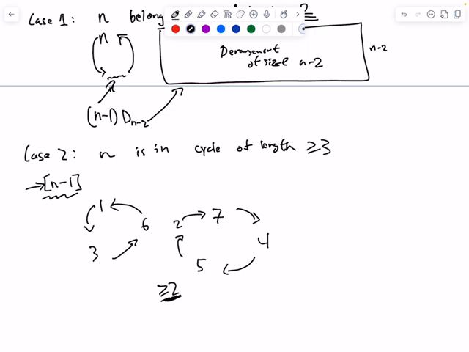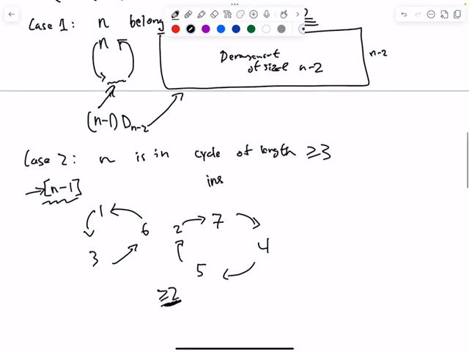And using this derangement, we're going to insert n. How do we do this? Well, that involves first picking one of the original n minus 1 members. Suppose n is 9, for example. We're going to pick one of the original n minus 1 members and just insert 9 right after it.